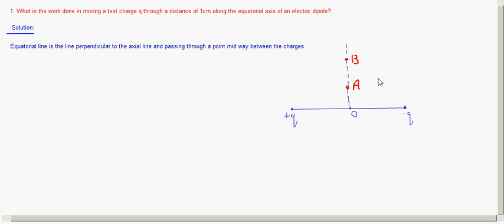Now the electric potential at any point on the equatorial line due to an electric dipole is equal to 0, because this line is equidistant from charge plus q and minus q. So the potential due to plus q will be exactly the same but opposite in sign compared to the potential due to minus q, or the algebraic sum of the potentials of plus q and minus q will cancel each other because they are at equal distances from these points. Or we can directly apply the formula which we have learnt before. So I'll write a note here.